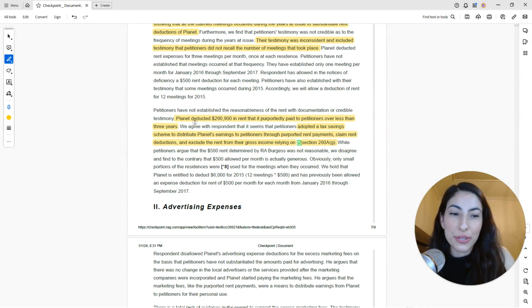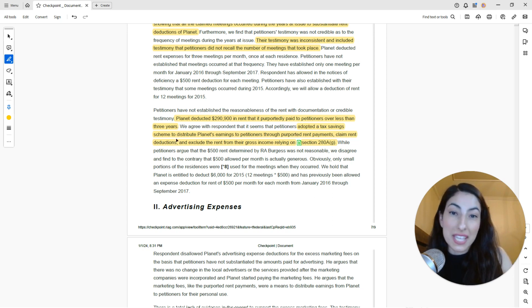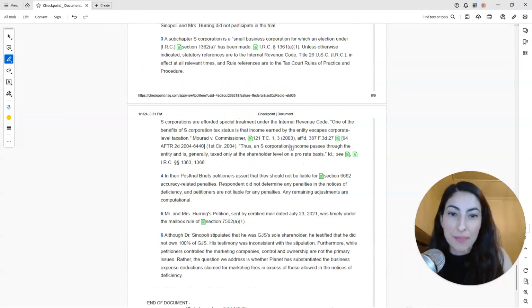Here's that they deducted $290,000 in rent over the 3 years, and that was to save tax. And so, of course, what does this seem like? Well, what it seemed like to the revenue agent and to a tax court was that it was a tax saving scheme to distribute the earnings, take a deduction and then not recognize the income. So that is the result that ended up happening for them.